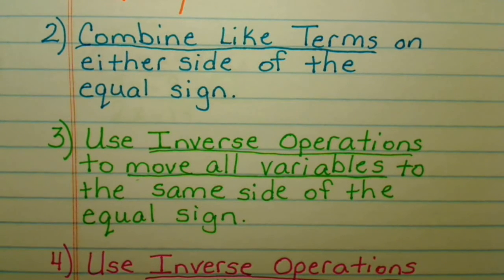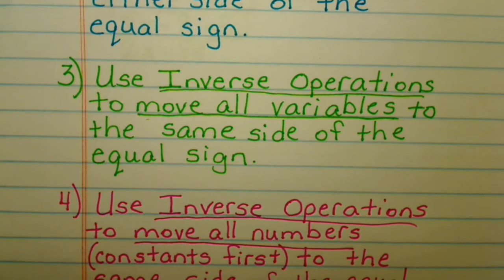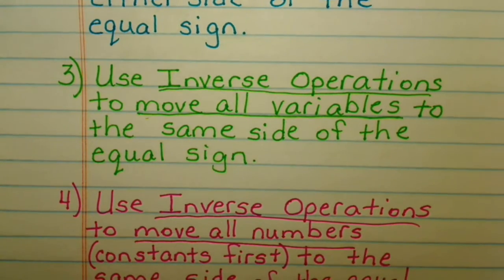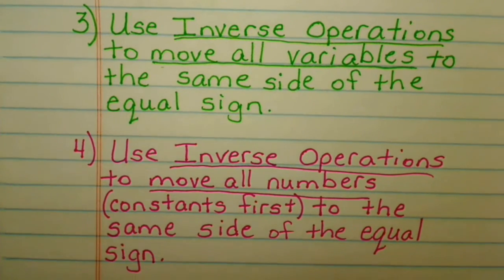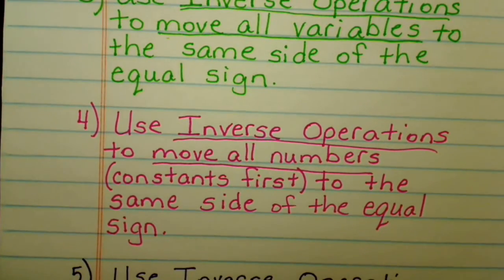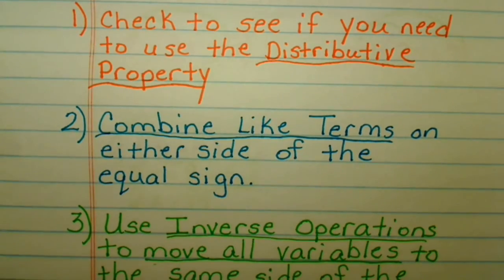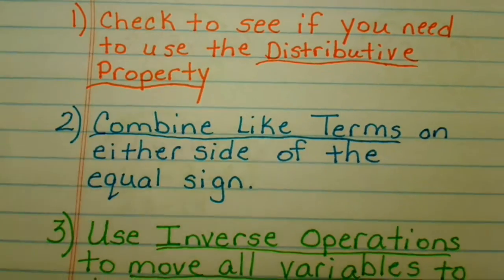First step of the inverse operation part, move all the variables to the same side. And then we're going to move all of the numbers to the same side. That would be like the constants, those numbers that are by themselves. And then we're going to use inverse operations so we can get that variable isolated. We want to get it all by itself.